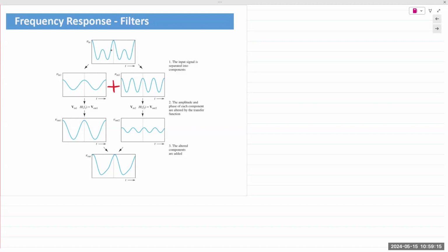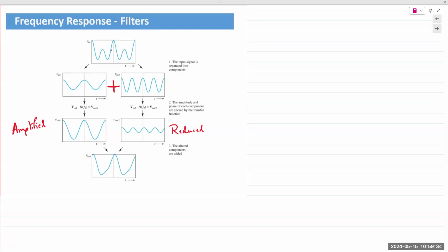So in this case, depending on the frequency, V in 1 is allowed to pass through and is actually made stronger. It is amplified. It is made larger. Whereas V in 2 is actually reduced.